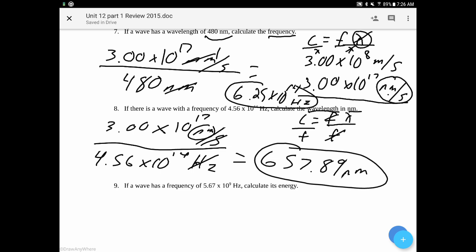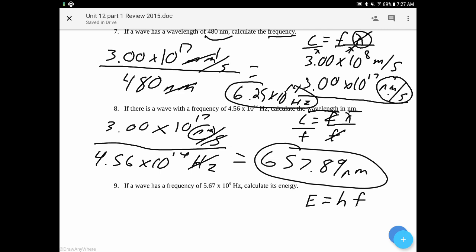All right, last one. If a wave has a frequency of 567 times 10 to the 9th hertz, calculate its energy. Now, this is a different equation. This is our energy equation, which is E equals h times f.